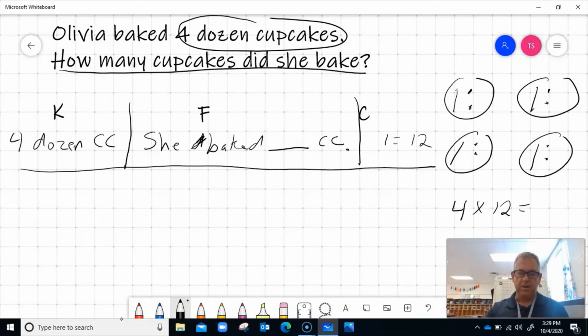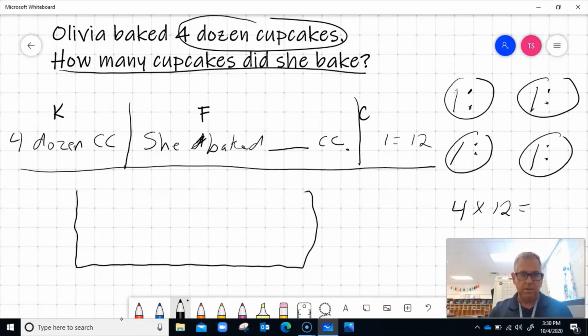So I can also do a little area model here. So I got 1, 2, 3, 4, and 1, 2, 3, 4, 5, 6, 7, 8, 9, 10, 11, and 12. Okay, so I can break that area model into 4 by 10 plus 2.